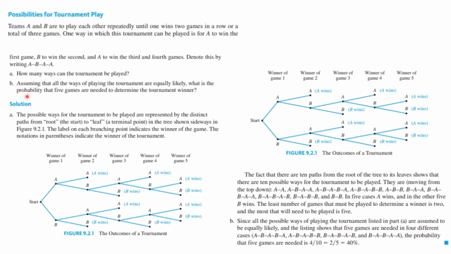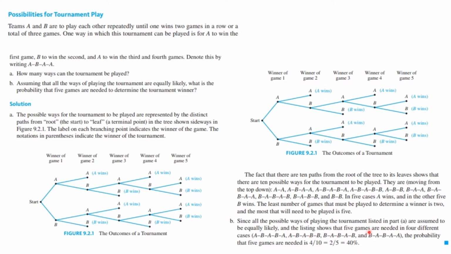Now, part B is the second question, though. Assuming that all the ways of playing the tournament are equally likely, what is the probability that 5 games are needed to determine the winner of the tournament? Okay, since they're all equally likely to happen, then all the possible ways are assumed to be equally likely.